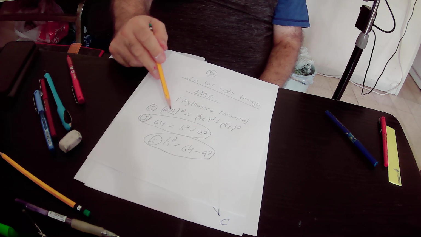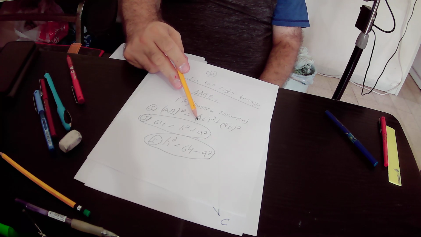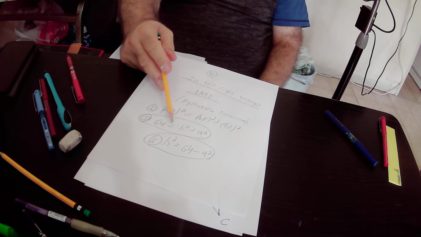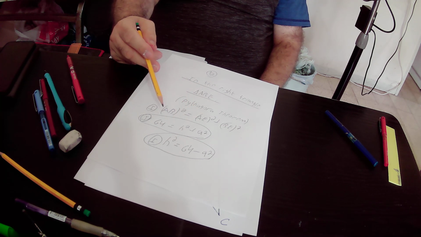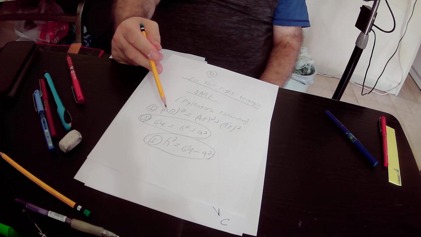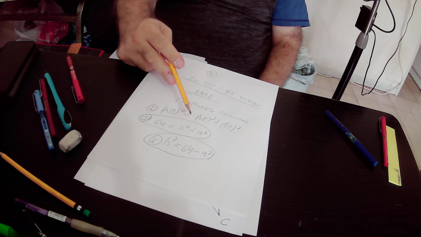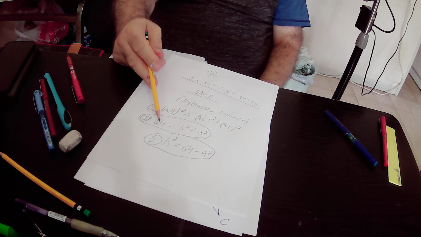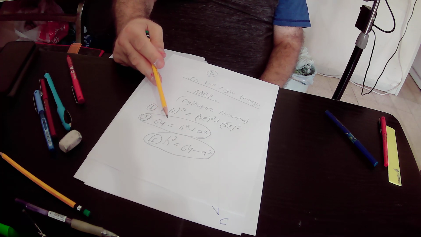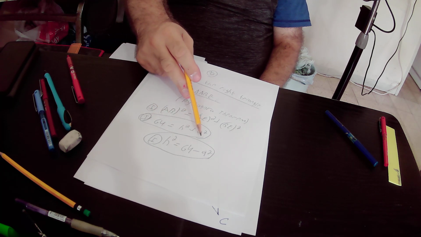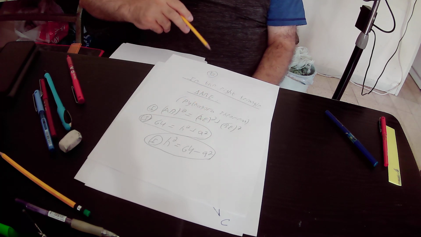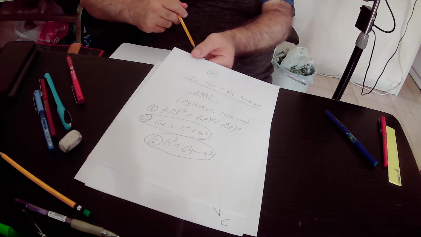We got that H square plus A square minus A square is H square, and 64 minus A square is 64 minus A square. So H square, according to equation number 1, equals 64 minus A square. Okay?